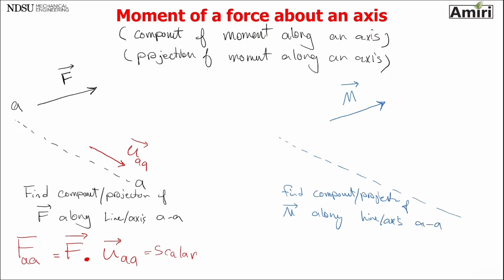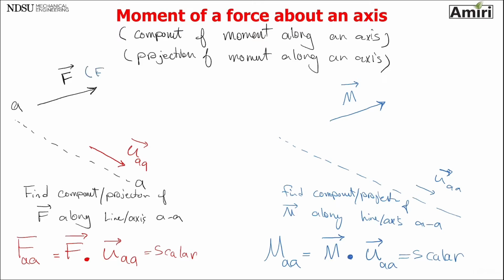So I'm going to do the exact same thing. I'm going to do moment, which is a scalar, sorry, vector MA, I don't want to call it moment yet. It's going to be M dot unit vector of AA, which is a scalar.